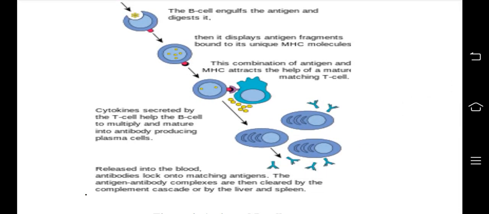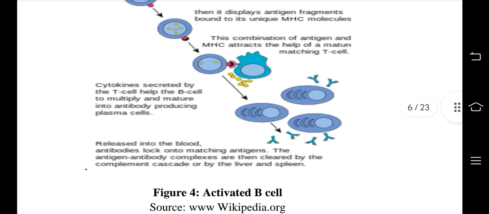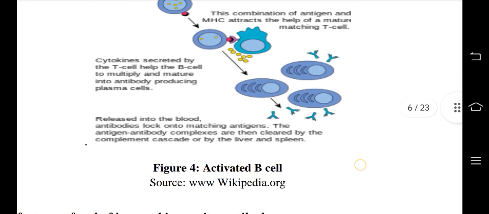Cytokines secreted by the T cell help the B cell to multiply and mature into antibody-producing plasma cells. Antibodies are released into the body and lock onto matching antigens. The antigen-antibody complexes are then cleared by the complement cascade or by the liver and spleen. Activated B cell.